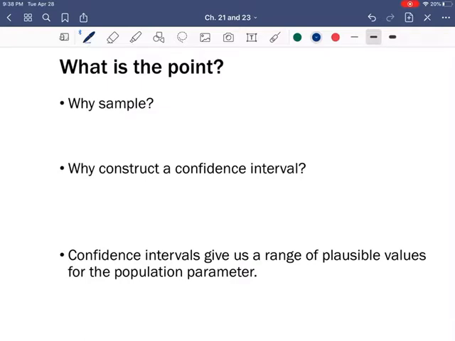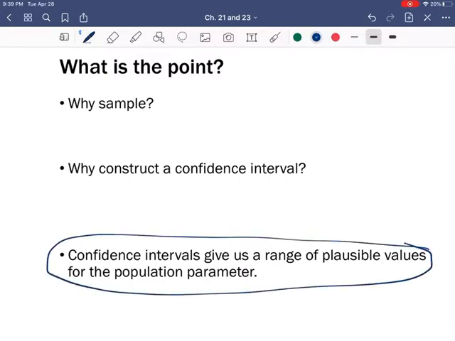We do this because it's a lot easier to sample 50 people or 50 fish and come up with an estimate than it is to sample all 10,000 fish in that lake or however many there are. So we do this because it's a lot less time consuming, and financially it makes a lot more sense to do this.